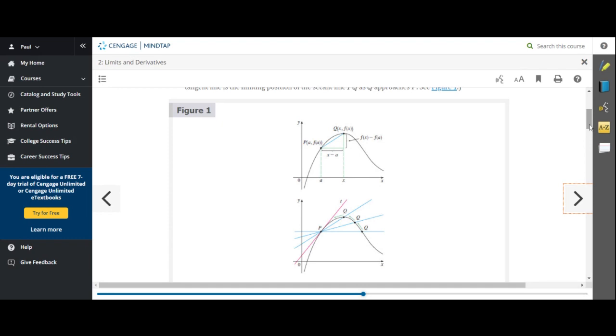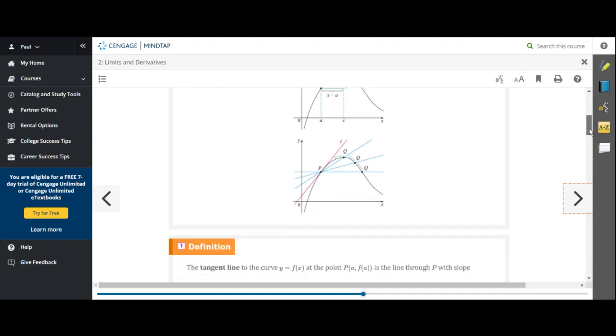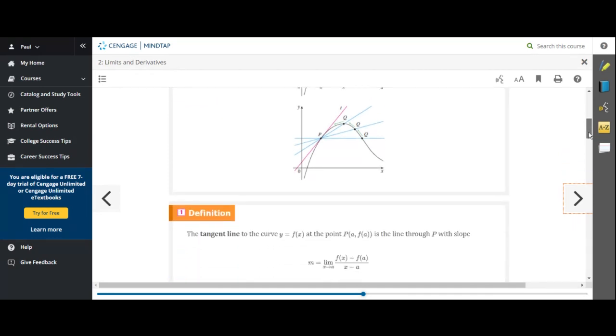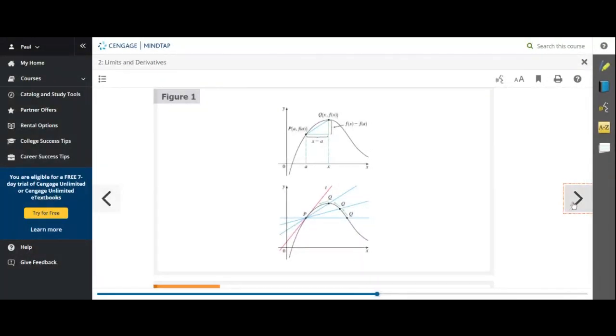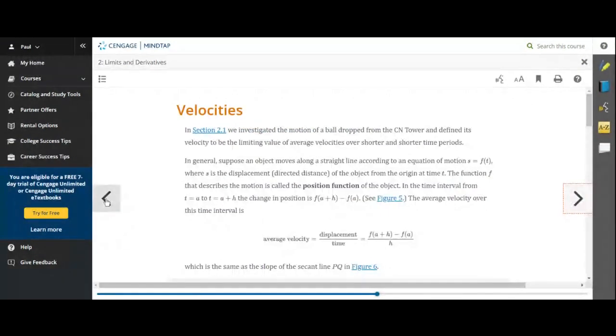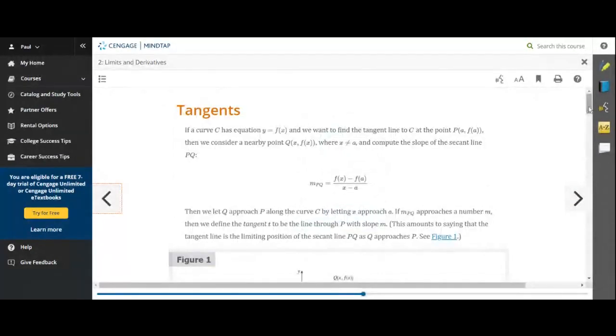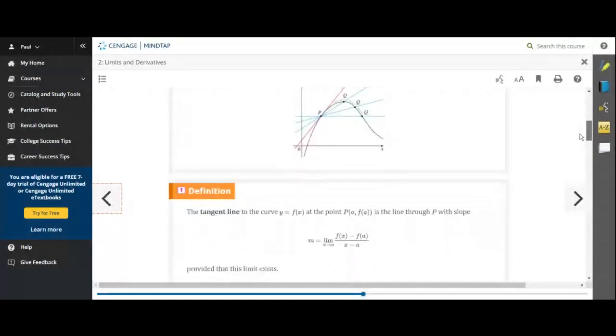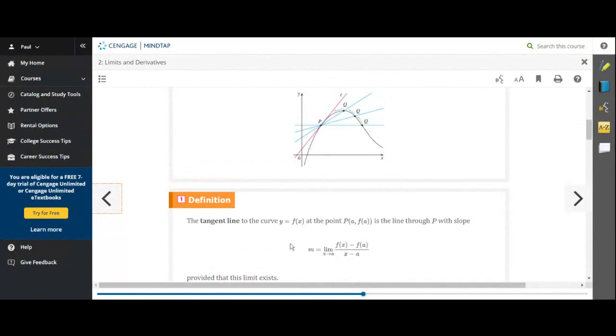Okay. So now this brings up a definition. The slope of that tangent line, that red tangent line in the figure, would be the limit of f of x minus f of a over x minus a as x approaches a.